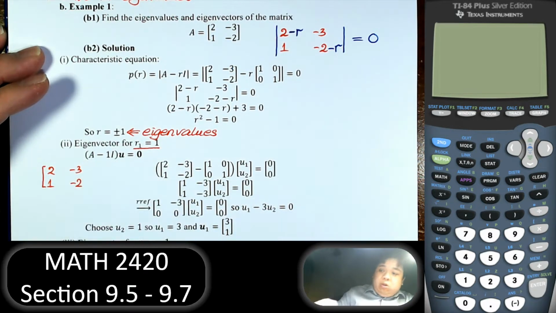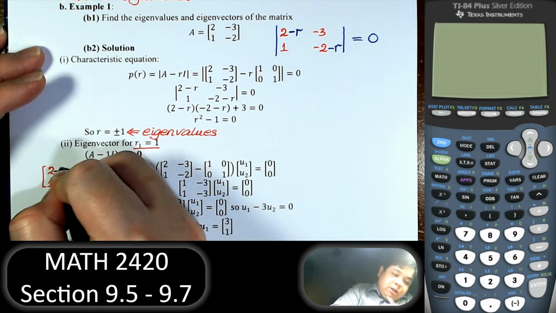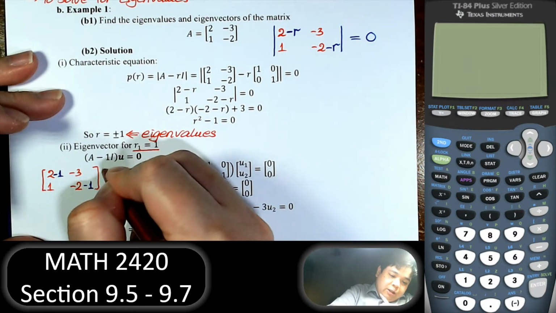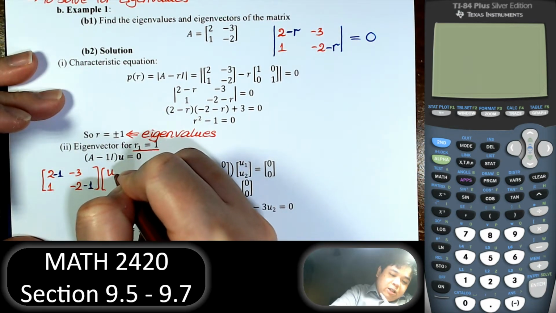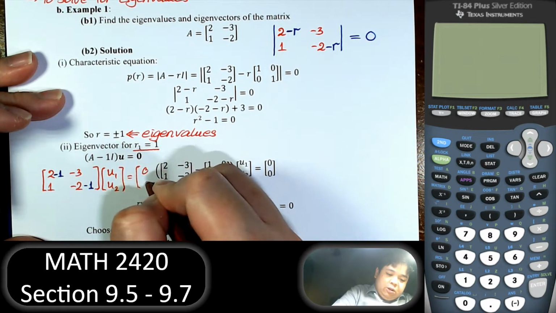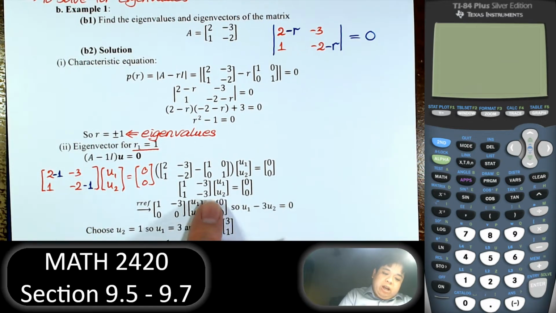That is the matrix A. What we do is we just subtract the eigenvalue on the diagonal, multiply by the vector, equal to 0, 0. That's exactly what we have here. And then simplify, we have 1, minus 3, 1, minus 3 equal to 0.